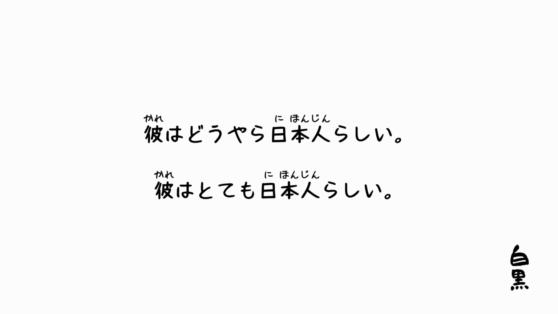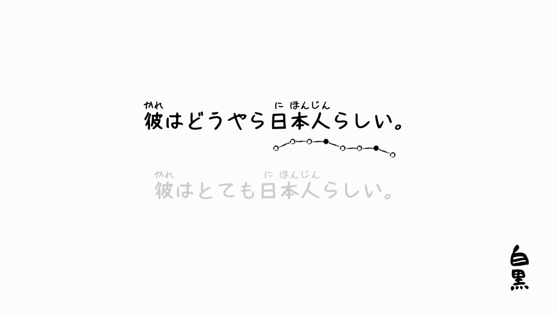The following classic pair of examples may help. 彼はどうやら日本人らしい。彼はとても日本人らしい。The らしい in the upper example is the auxiliary verb that means conjecture, so it's the follower type. Since the word 日本人 has a nucleus, overall the pitch drops twice, as in 日本人らしい.